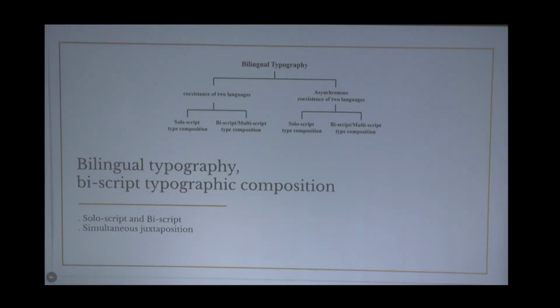It's called bilingual typography, but if we have one article in which both languages are presented at the same time, it's still called bilingual typography. I wanted to focus on the juxtaposition of two different languages which are simultaneously juxtaposed. So that's why, instead of using bilingual typography, I use juxtaposed bi-script typographic composition.